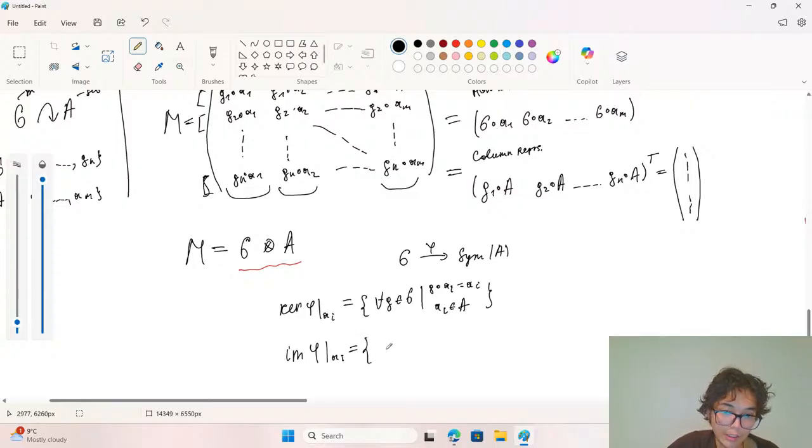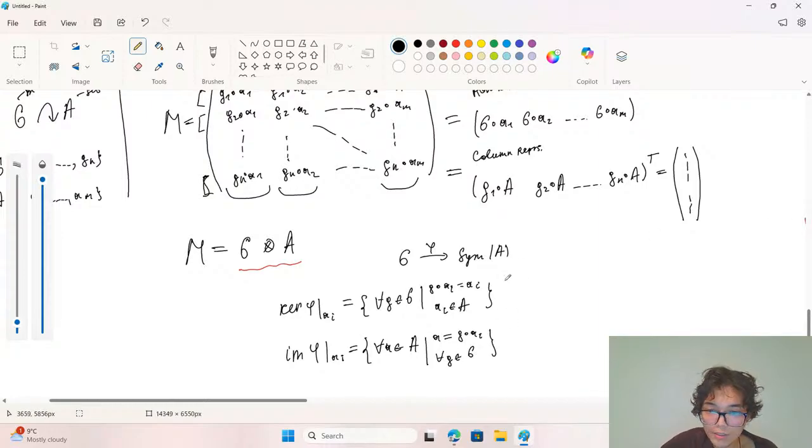So it's all the a in A such that a is equal to g times Ai for any g in G.